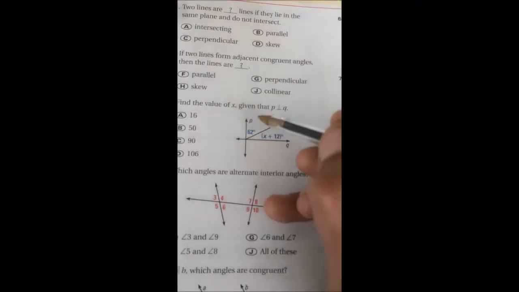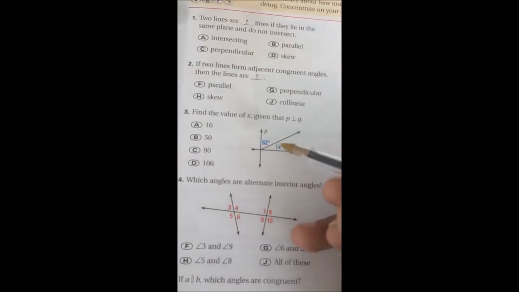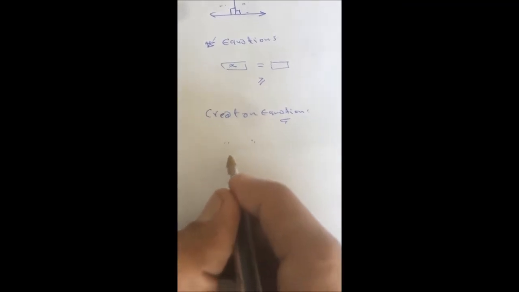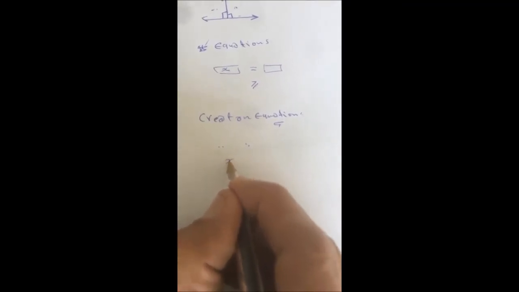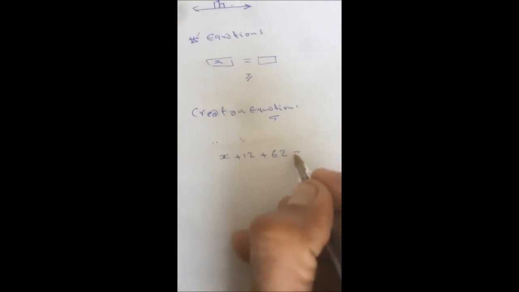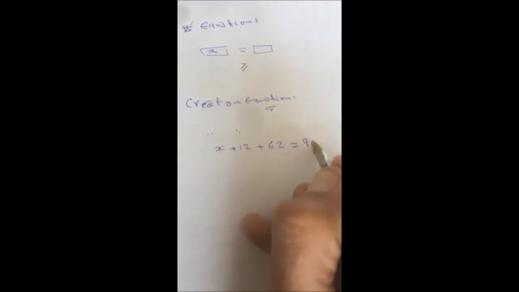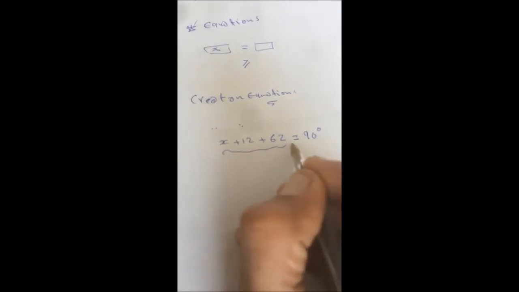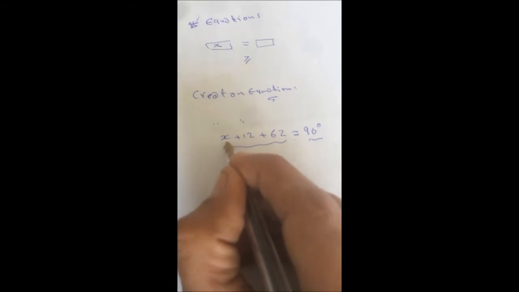So this problem tells me this angle and this angle, their sum is 90 degrees. So they are complementary. Let's try to convert what we said into math. We're going to write a numerical statement: this angle plus this angle, their sum is 90 degrees. So I made an equation, term equals term, and there is an unknown.